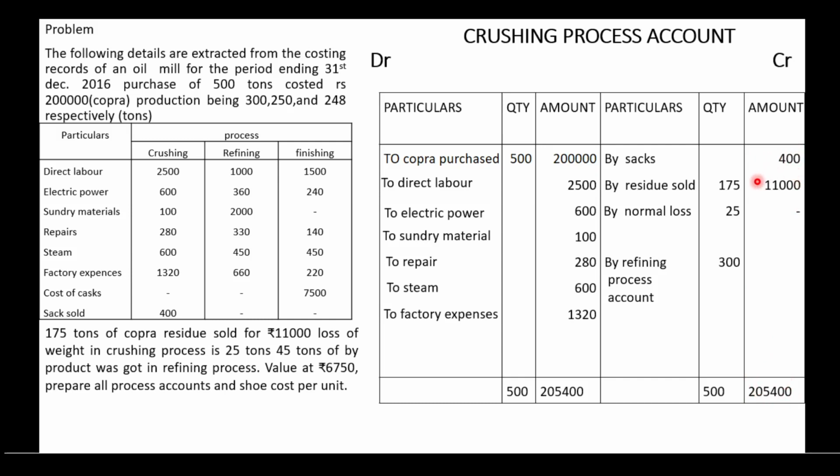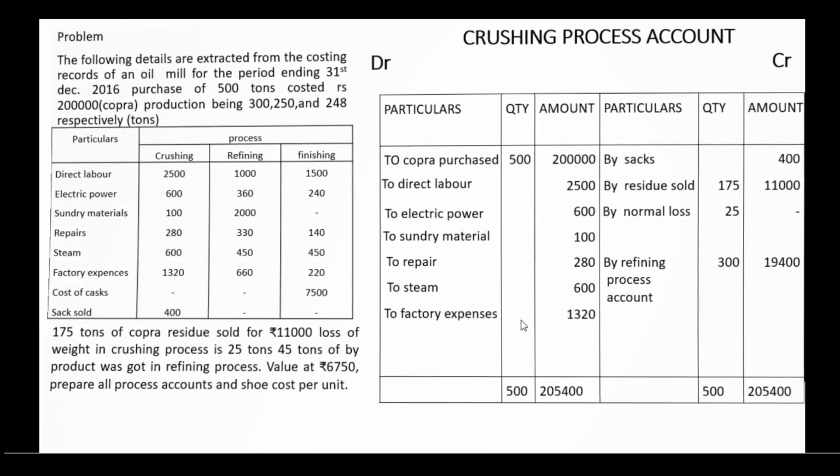Once the balance amount is obtained, that is transferred to the refining process account. That is the output. So here from 2,05,400 we less these two amounts and the balanced amount comes. We have to transfer this amount as the output to the refining process account. So that balanced amount is 1,94,000 rupees. So this is the crushing process account.